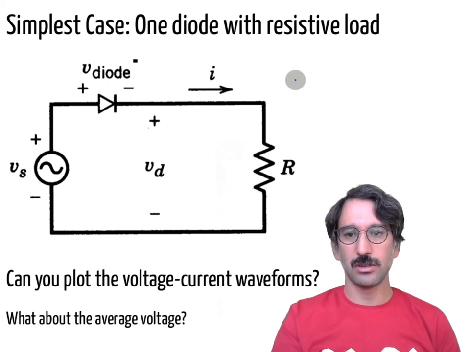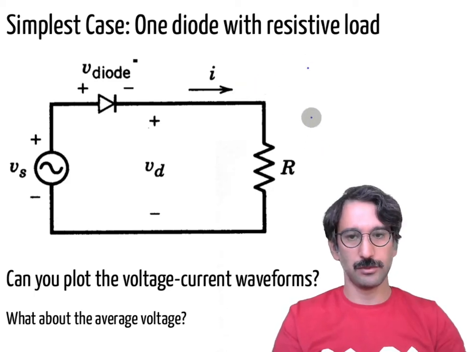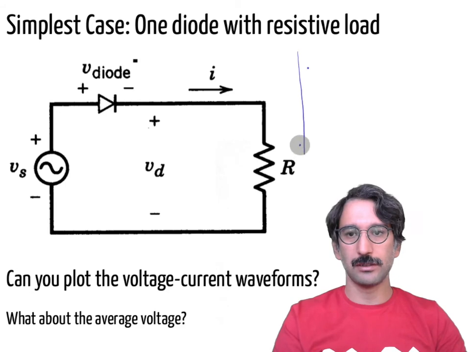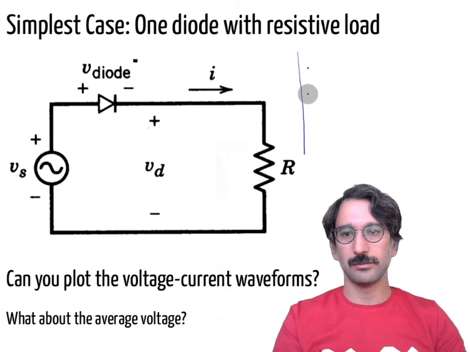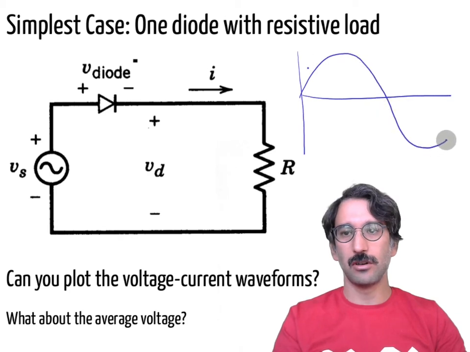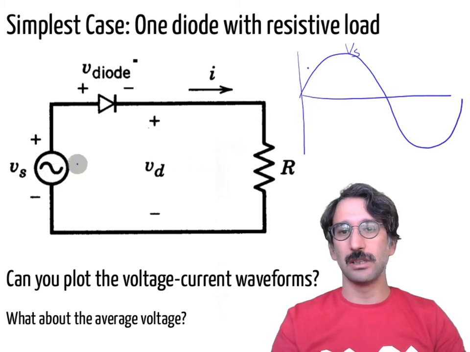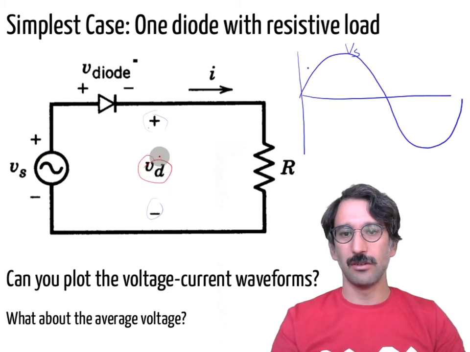Let me try to draw it first, and let's say this is your input voltage, Vs, a sinusoidal input voltage. What should be my Vd? Let me use the red color for Vd.